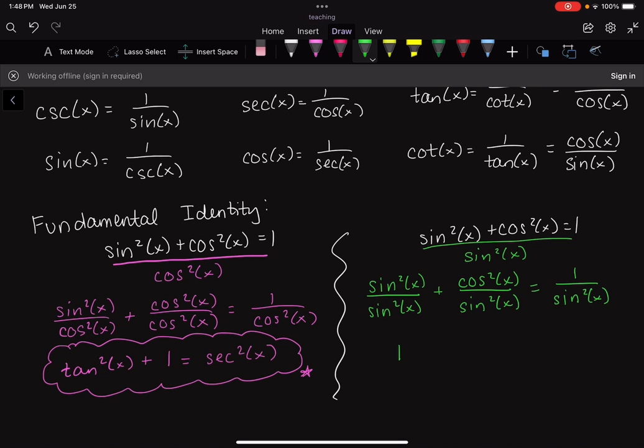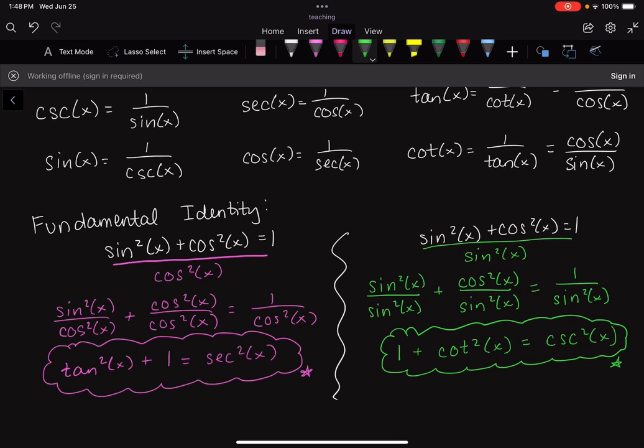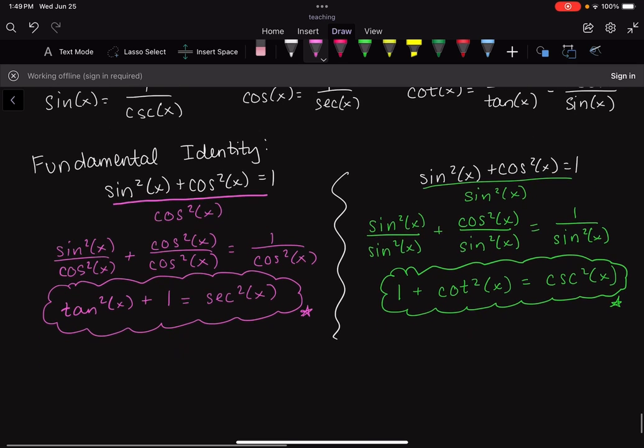This one would simplify to 1 plus cotangent squared is equal to cosecant squared. And so this is another fundamental identity. The one with tangent and secant is actually a little bit more common to see, but you could see either of these.